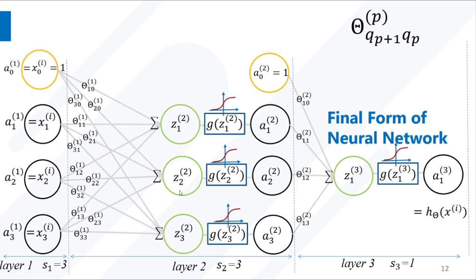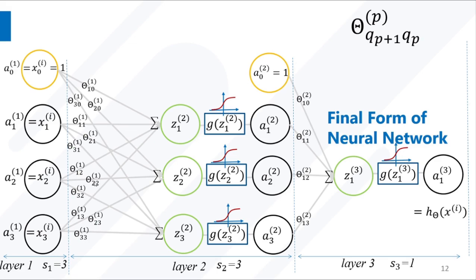Why this 2 3? Because it is coming to the second node, and it is from the third node of the layer 1. So the node number of the next layer should be first, and the node number of the previous layer should be second. So 2 3, not 3 2.